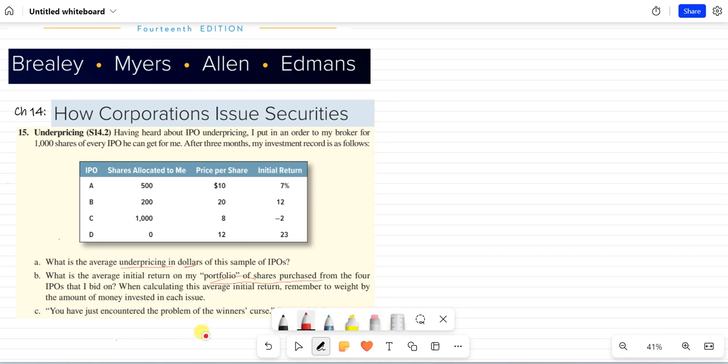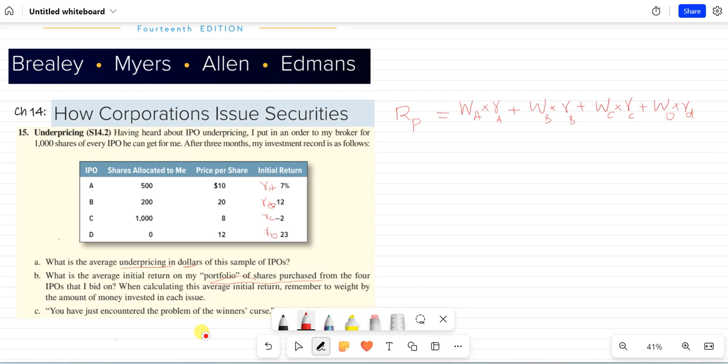The formula is: return on portfolio equals weight of stock A multiplied by return on stock A, plus weight of stock B multiplied by return on stock B, plus weight of stock C multiplied by return on stock C, plus weight of IPO D multiplied by return on D. This is RA, this is RB, this is RC, and this is RD. So we have returns.